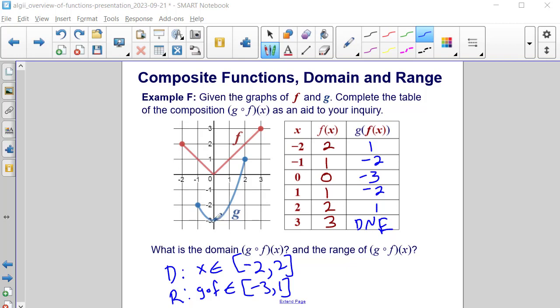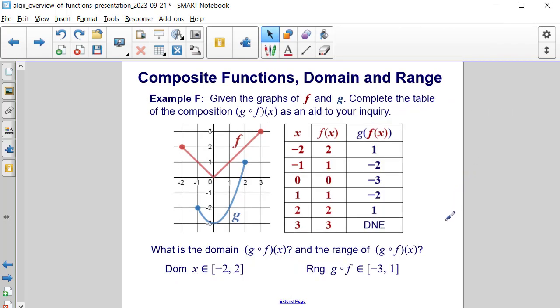We do have negative 3 all the way up to 1, and we include both endpoints. Now remember that since the x value of 3 in the original domain did not produce an output, we do not include it within our domain set of inputs.